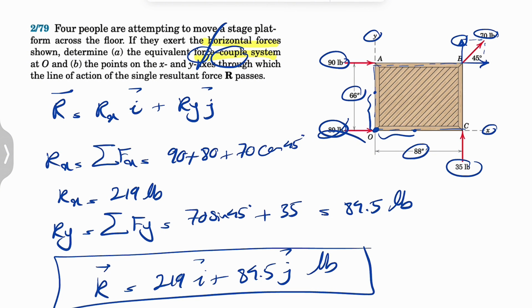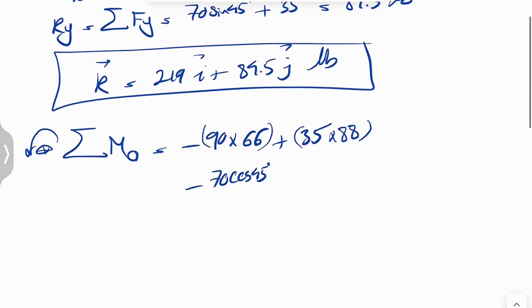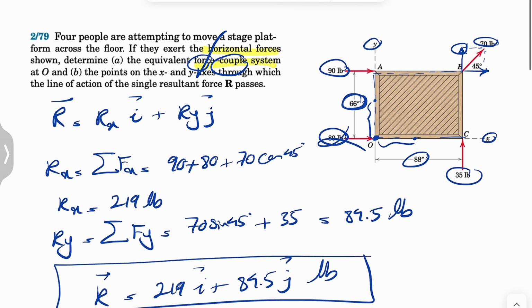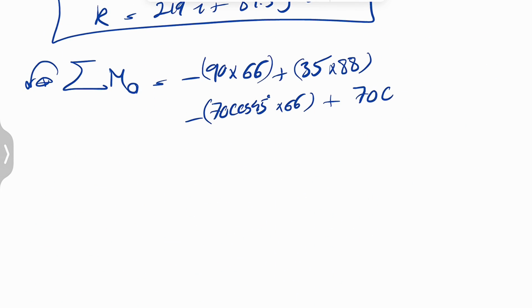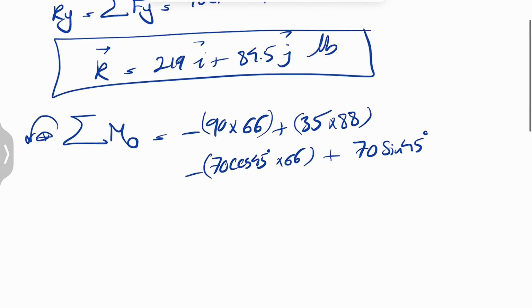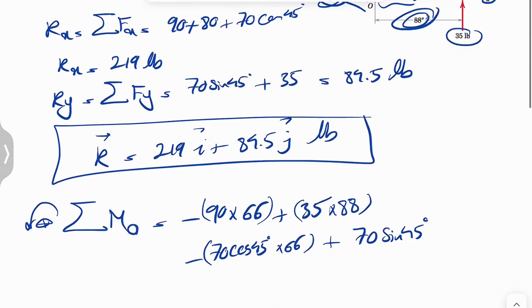So same distance from O to the line of action, again 66. And we have the moment of Y component. This one's counterclockwise, so plus 70 sine of 45 degrees, and the distance would be 88.